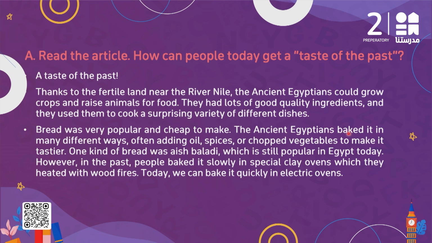The ancient Egyptians baked it in many different ways, often adding oil, spices, or chopped vegetables to make it tastier. One kind of bread was aish baladi, which is still popular in Egypt today. However, in the past, people baked it slowly in special clay ovens, which they heated with wood fires. Today, we can bake it quickly in electric ovens.